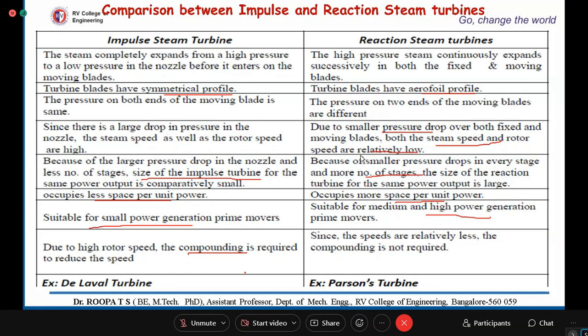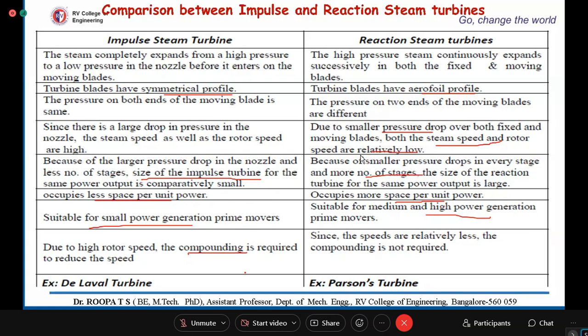Suppose at the output the rotor is rotating at, for example, 10,000 RPM, but I want to do some work which requires only 100 RPM. So that is why we need to have compounding done. Compounding means you can reduce the speed to the required level.